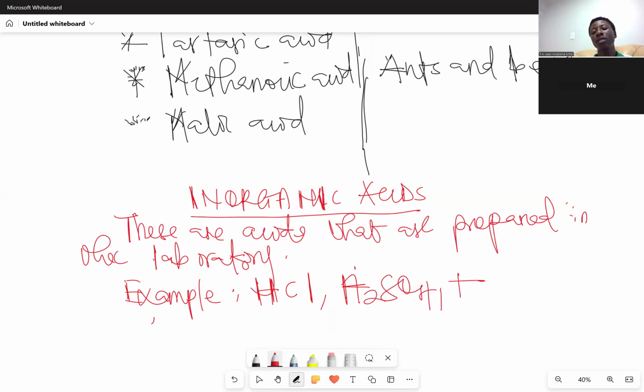HNO3. You see, I'm making the lesson a bit simple for you by using the same acids you are familiar with. H3PO4 is also prepared in the lab.